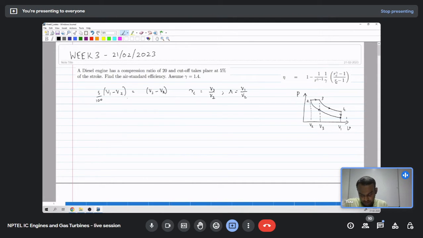From this expression, I will divide everything by V1. First I would take this 20 here, then dividing everything by V1, I will have 1 minus V2 by V1 equal to 20 V3 by V1.